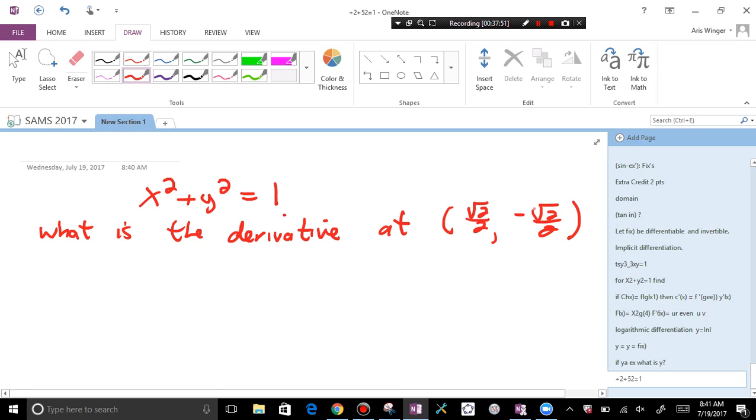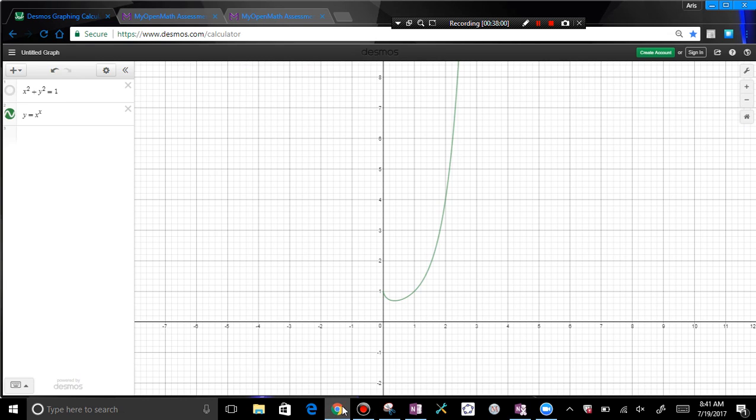What is the slope of the tangent line? Is the graph going up or down at this point? And so forth. We can ask all sorts of things. So that graph again is here.